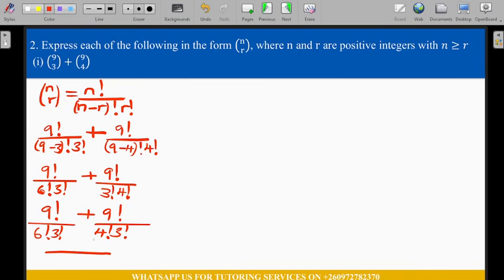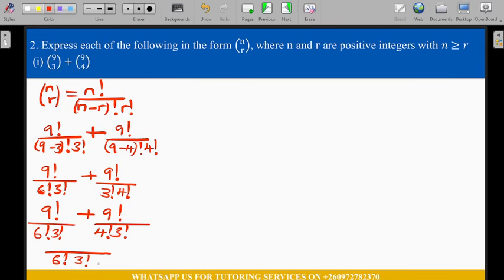Between these, the bigger number is 6 factorial, so 6 factorial becomes the common denominator. For the second numbers, we have 3 factorial. So this is what we have now.